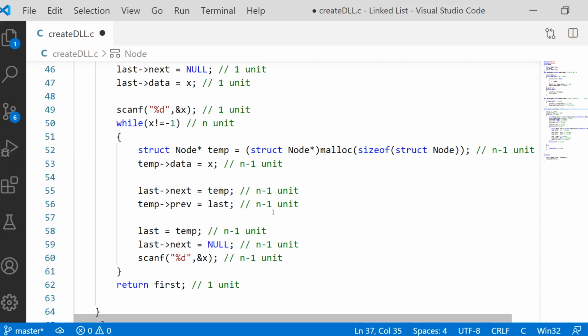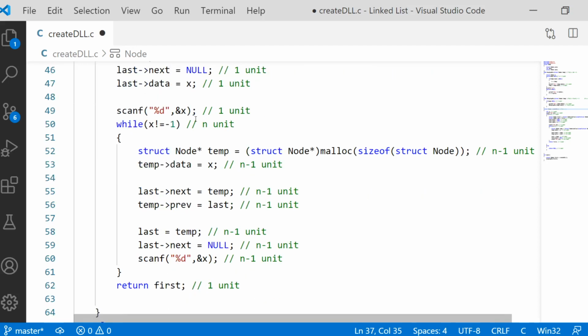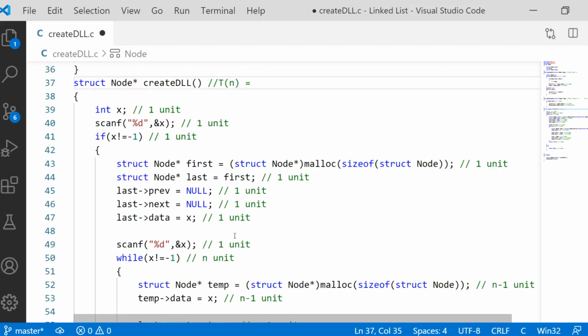Totally a constant 3 units. How many n are available? 1, 2, 3, 4, 5, 6, 7, 8 n. So this is equal to 8n plus 3. The equation we obtained by this function is T of n equals 8n plus 3.